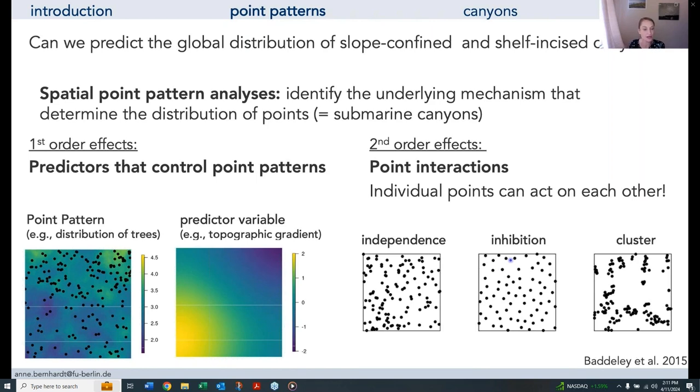Think about big trees, for example. Big trees have large crowns, and then the next big tree is not going to grow right next to tree number one because it's going to be in the shade. So by this natural process, these points, the trees, inhibit one another somehow. And then the third version would be a clustered point pattern. So we can test whether these relationships exist as well.